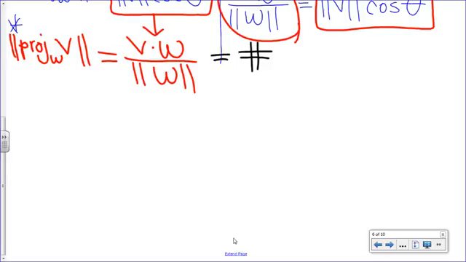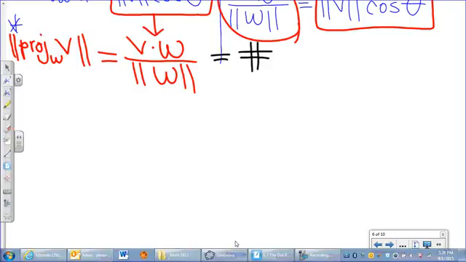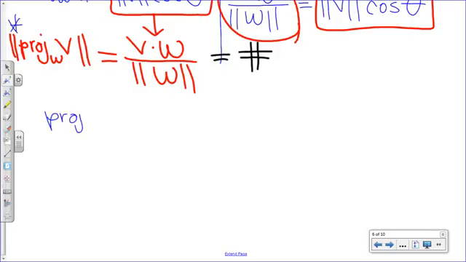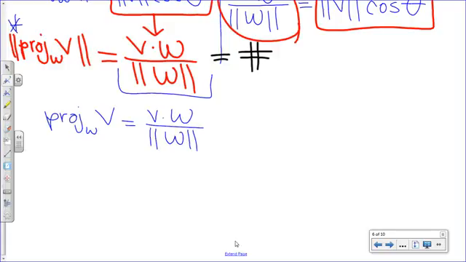And so to find the vector, what we're going to do is multiply this part, sorry, not the magnitude, but the dot product divided by the magnitude, and we're going to multiply it by something called the unit vector.